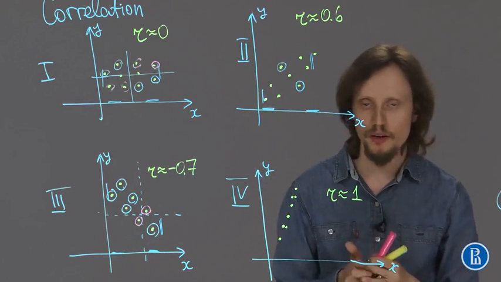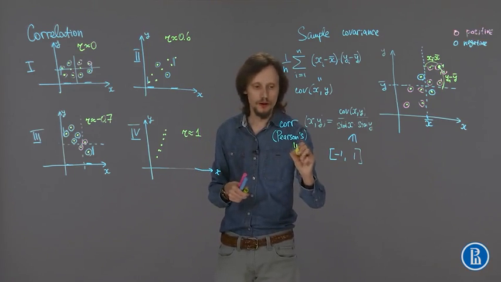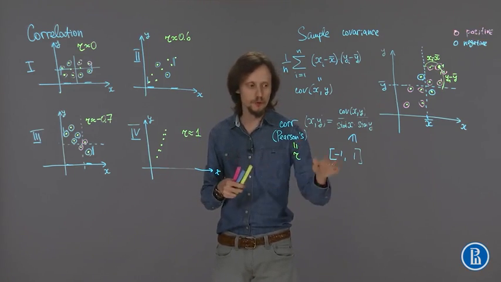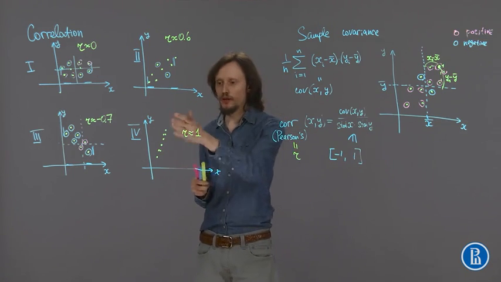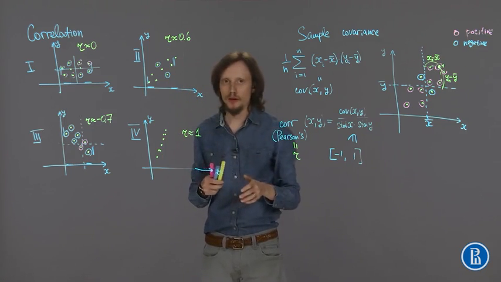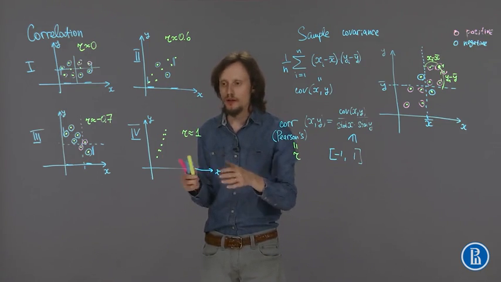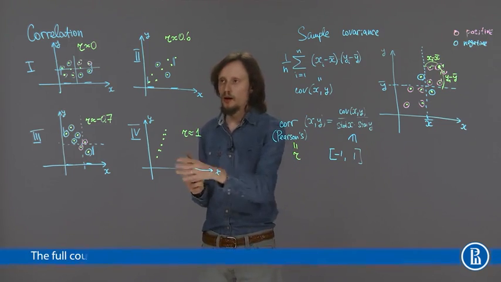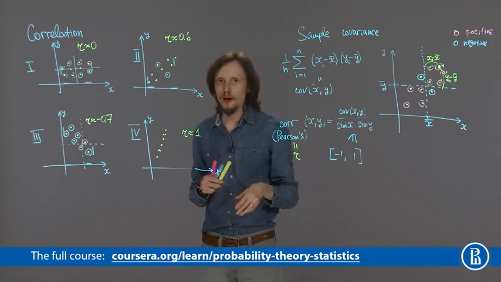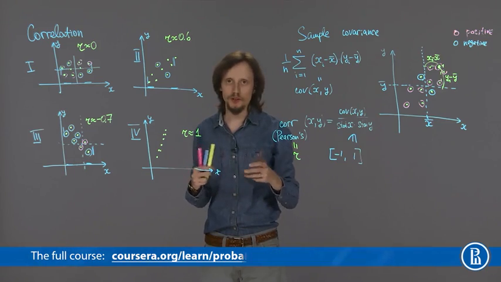So, we see that Pearson's correlation, which is usually denoted by R, is a number from -1 to 1 that allows us to measure the strength of the relation between variables. And it works pretty well when we assume that the relation between variables is linear or approximately linear, as on these pictures. For different kinds of relations, we can use different kinds of correlations that we will discuss later.